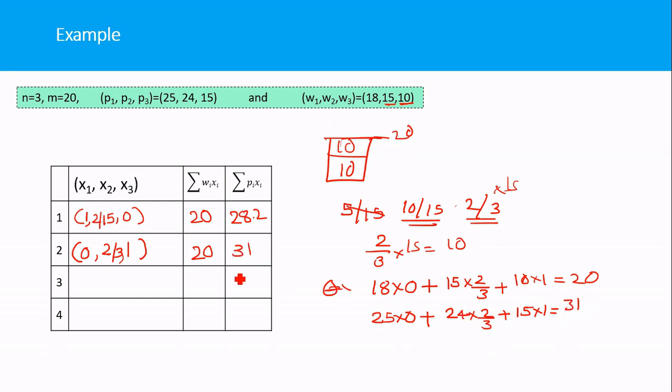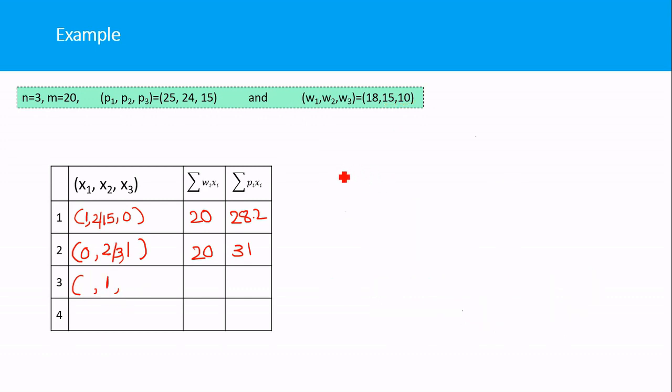Now imagine that I am taking the second item first, the entire second item. The weight of the second item is 15, so 15 will be filled in my sack. Its capacity is 20, so the remaining 5 kg I can add.